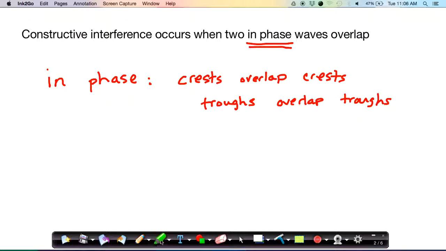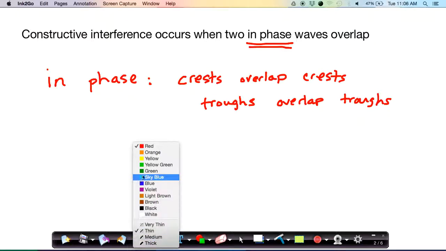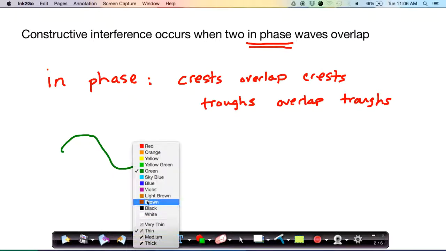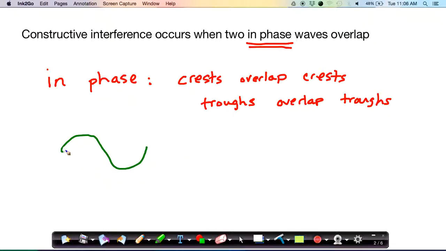So that might look something like this. Let's get a different color. Let's say we have one wave like so, and then another wave that overlaps like so. So we have two crests in the same location, two troughs in the same location. Let's put an equilibrium line in here for reference.